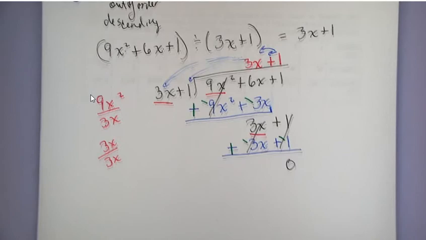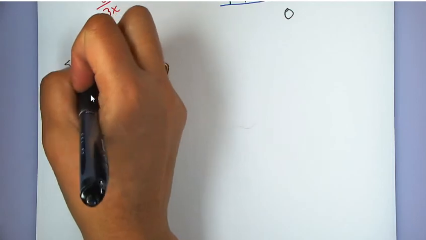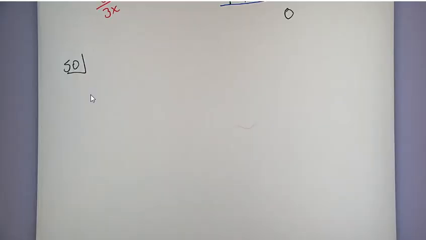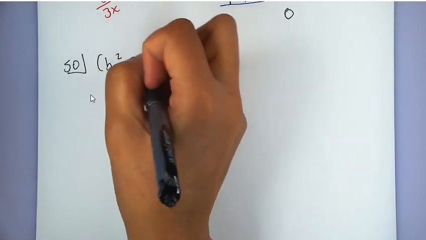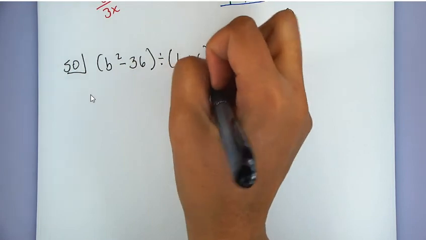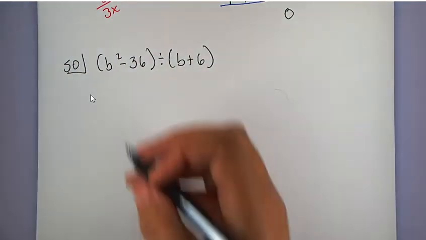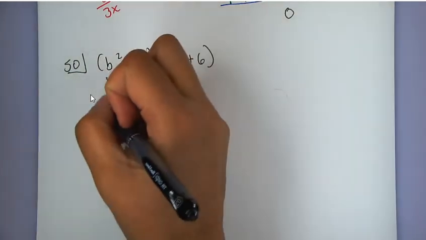Let's try number 50, and hopefully you will try number 50 as soon as we get it set up, before I try it. Let's take b squared minus 36 divided by b plus 6. If you notice, your dividend here is in order, but every place value is not represented.